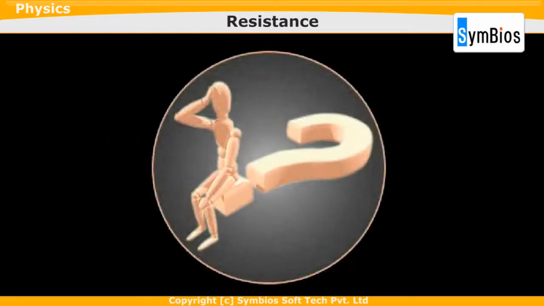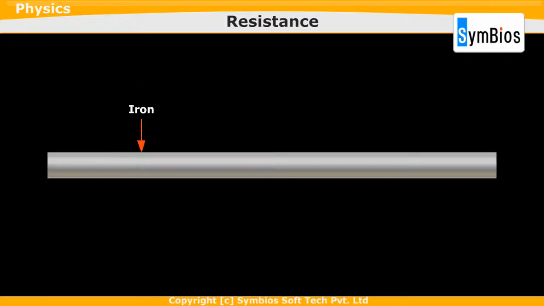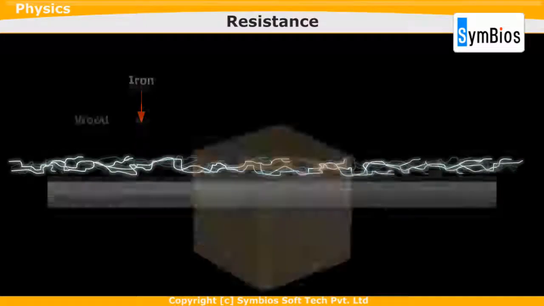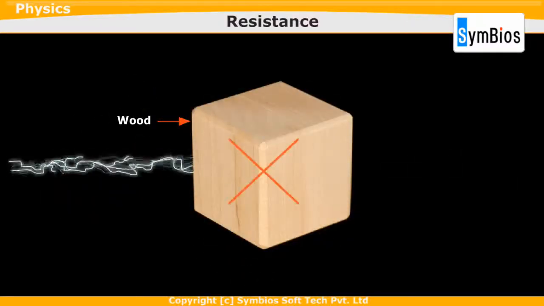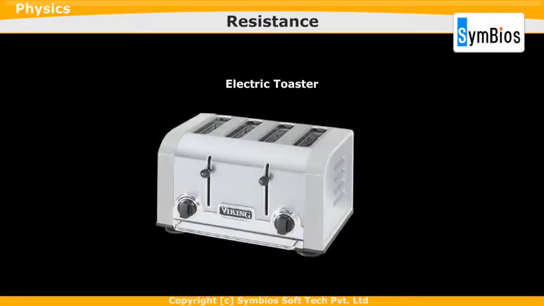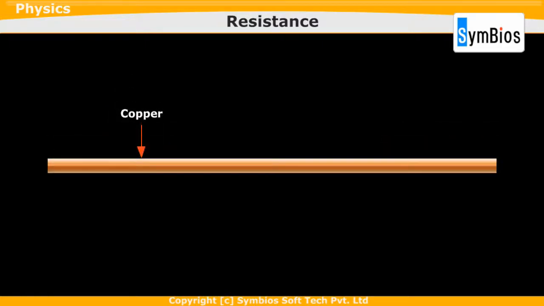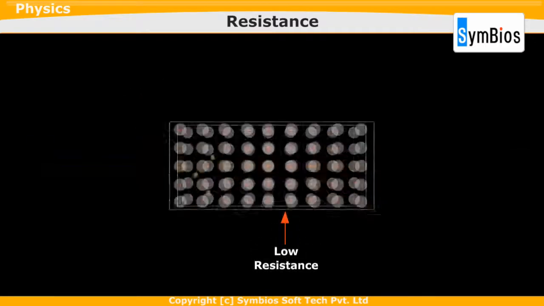Have you ever wondered why copper is used in electric wiring? Why an iron rod conducts current while a piece of wood doesn't? And why resistors are used in an electric toaster? A copper wire has a very low resistance which allows for a smooth flow of current.